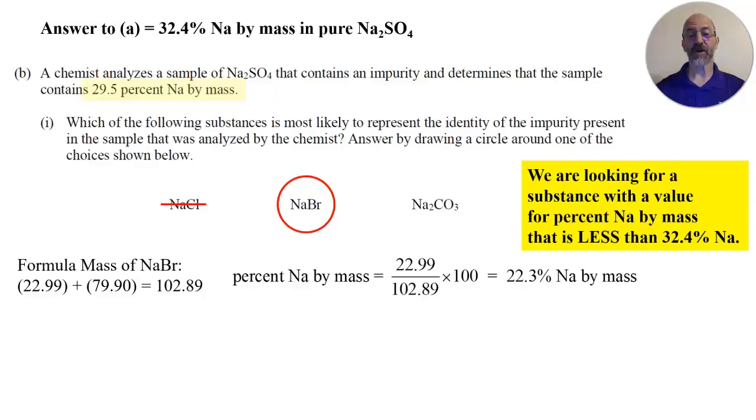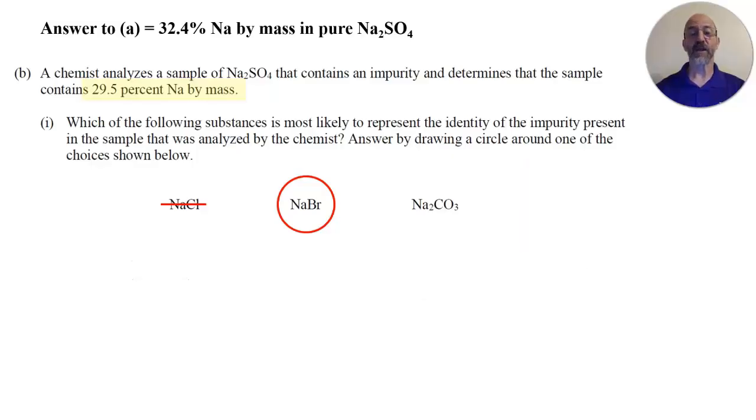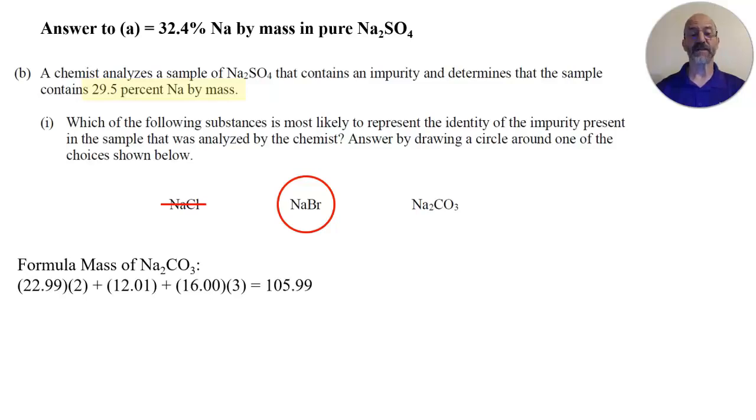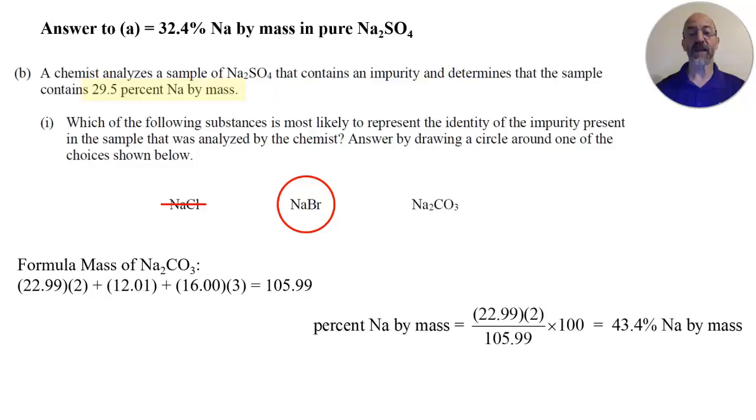But just to make sure, to be thorough, let's go ahead and calculate the percent sodium by mass for sodium carbonate, Na2CO3. So we have 22.99 for sodium times 2, 12.01 for carbon, and then 16 for oxygen times 3. We get 105.99 for the formula mass of sodium carbonate.